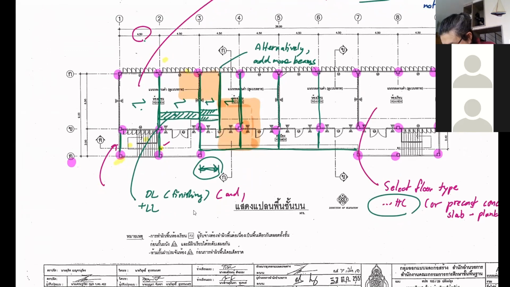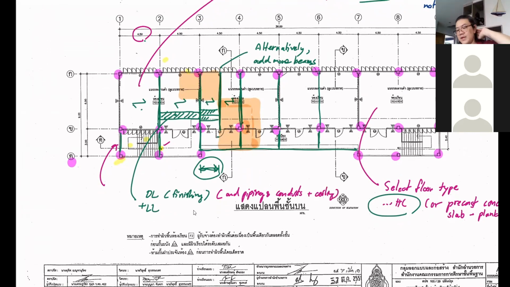And piping and conduits plus the ceiling, and so on. So you may need to do this. And then plus live load. When you add this up, you have every load except the weight of the floor.